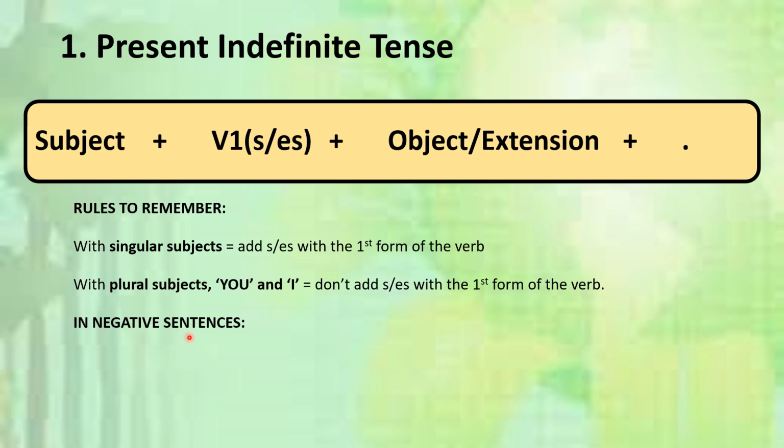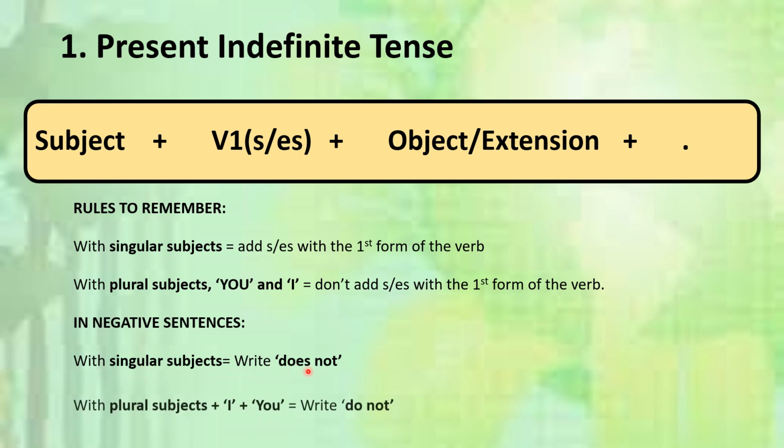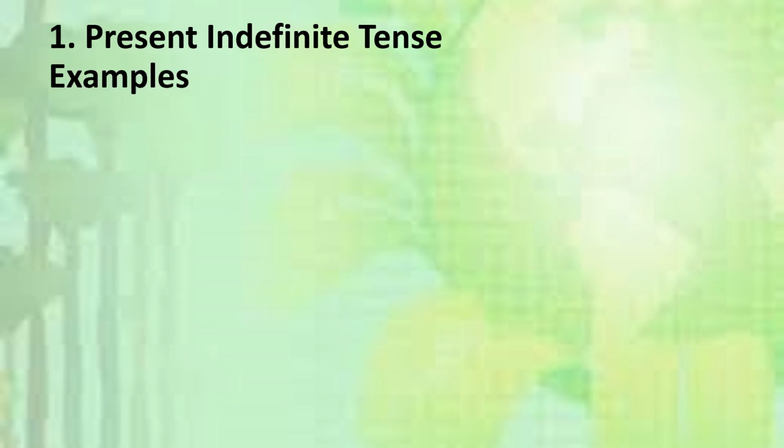In negative sentences of present indefinite tense, with singular subjects, we write does not, and with plural subjects or I or you, we write do not. Let's talk about the examples.